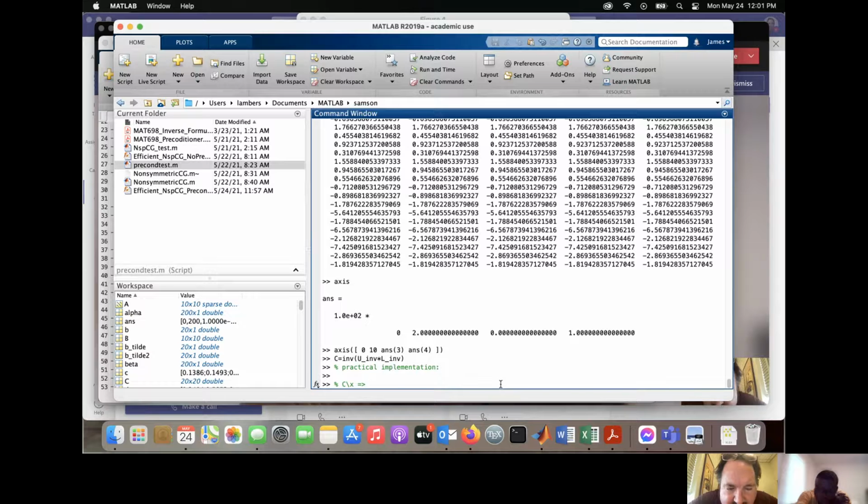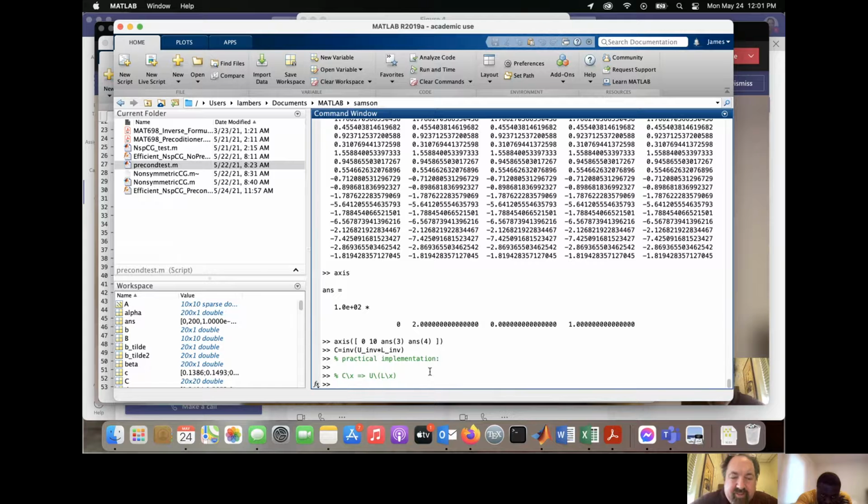So that'd be the same as, okay, so LUX, so L inverse times U inverse. Okay, so U inverse L inverse X, because you wouldn't want to compute the inverses of these explicitly either. So you can do that.